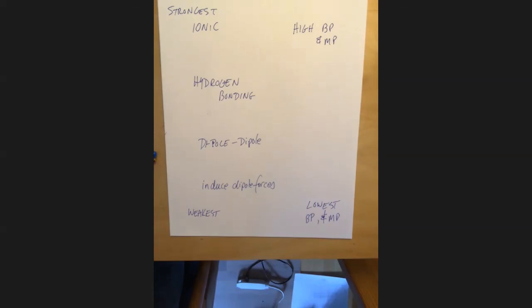I think these intermolecular forces, we sometimes acronym IMF. These IMFs are pretty tricky, but the main thing to remember is that these aren't actual bonds. These are not covalent bonds.